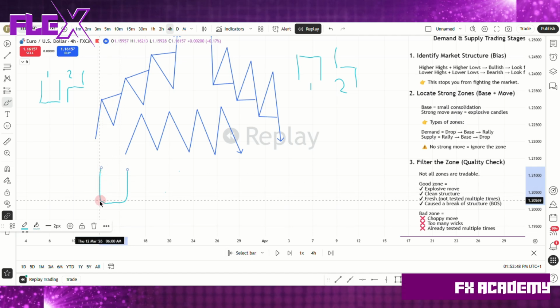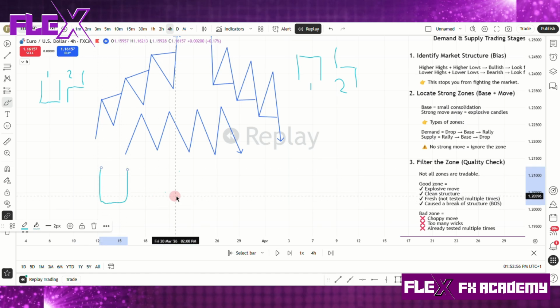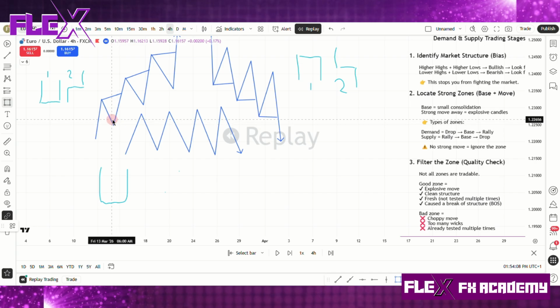If you're marking out a base as your zone, this is drop, base, drop. Remember, it is the base that we are marking out. So if you're marking out the base as your zone, ensure that that base is a fresh zone. For example, let's say this is our base, so we'll mark out the base.